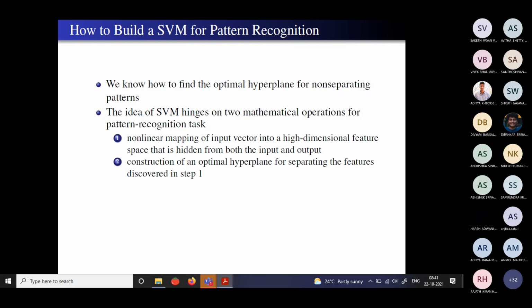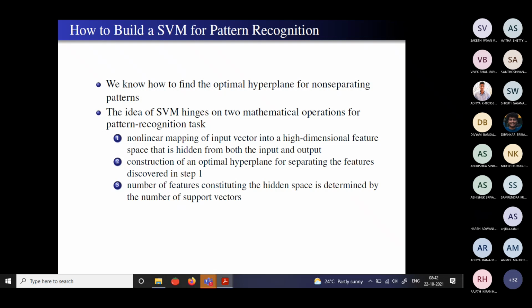Once you have applied some nonlinear mapping, next is construction of an optimal hyperplane for separating the features discovered in the previous step, that is, after nonlinear mapping. This process is almost the same as in the radial basis function network, but let's see how it can be achieved by SVM.